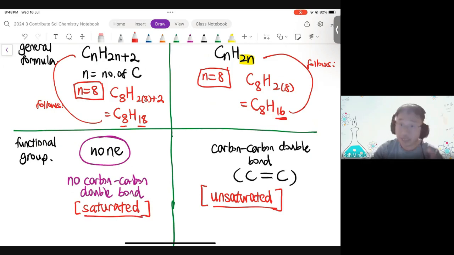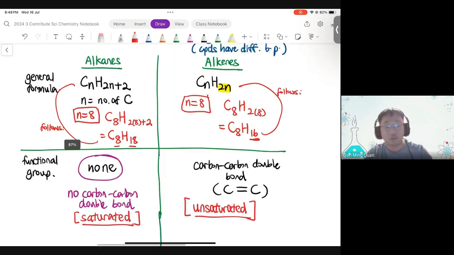So you need to be familiar with these words, saturated versus unsaturated. Now, if I zoom out, just ensure that you have taken these main points down. If you need to pause the video recording at this point, please pause it so that you can take down everything that you have just learned. Now, the words saturated and unsaturated refer to the presence or absence of a carbon-carbon double bond.